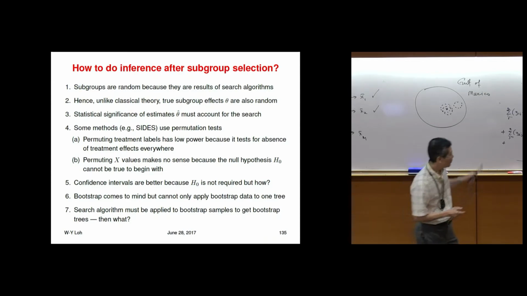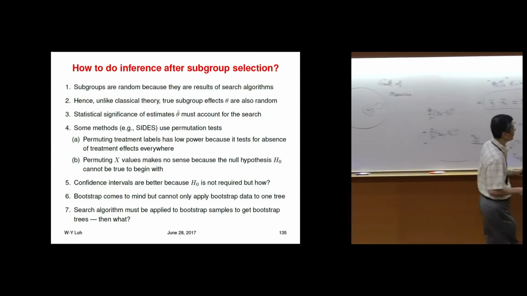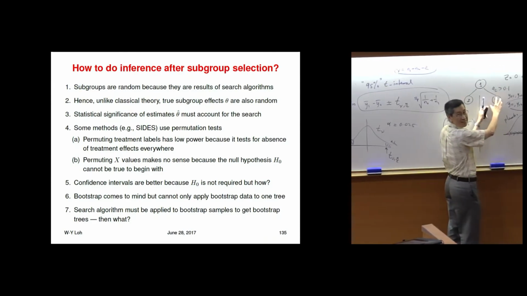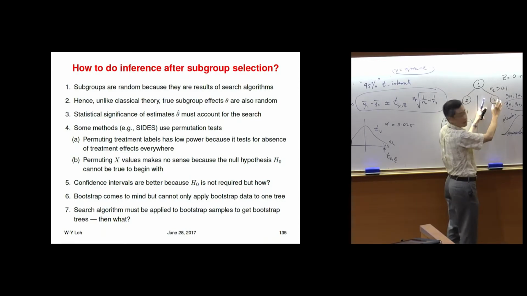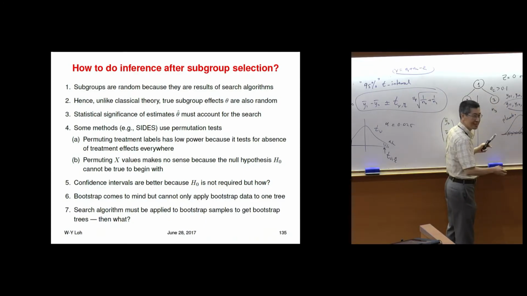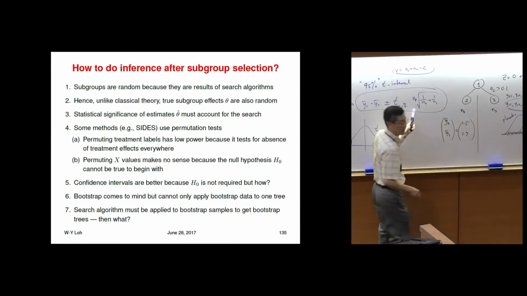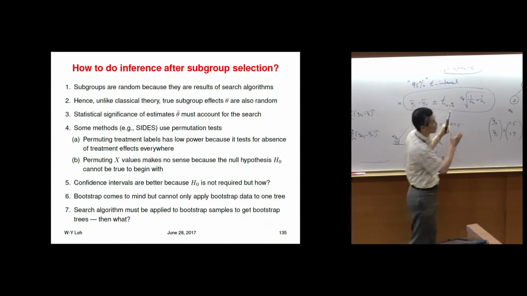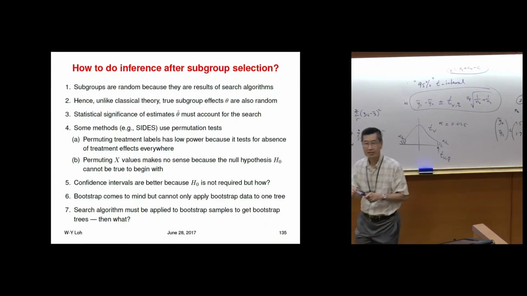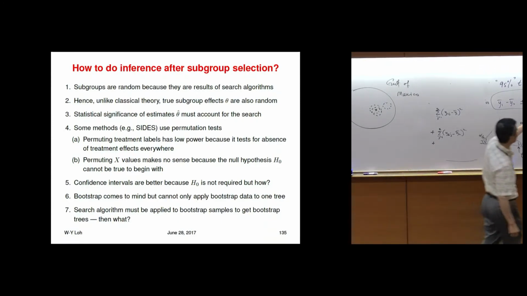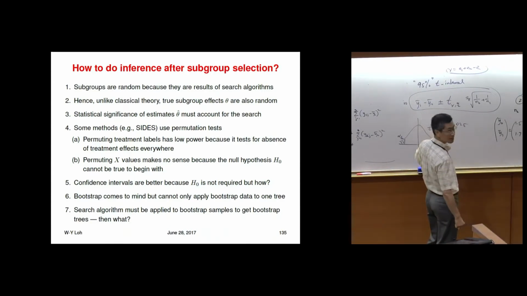Okay? But if you use this, you are pretending that this was given in advance. Actually, it's not given in advance. This came out from some search, some machine learning algorithm that does a lot of search to get this. So this will be wrong. In fact, you would think this interval is too short. You agree? Because SP is trying to estimate the variance of this, right?